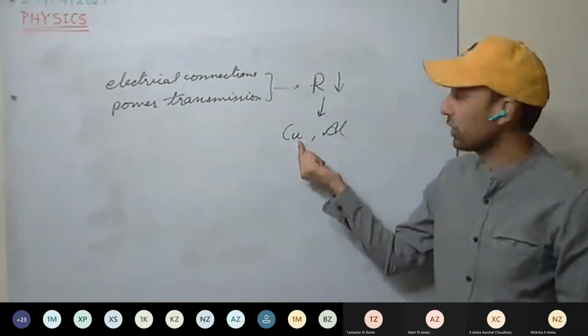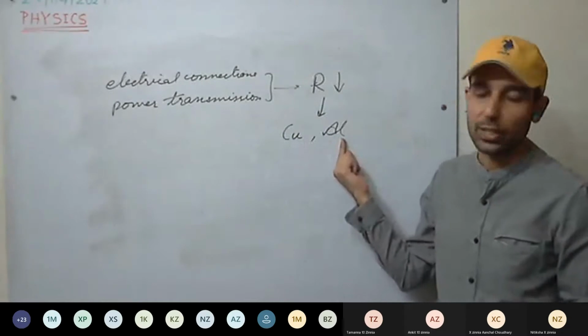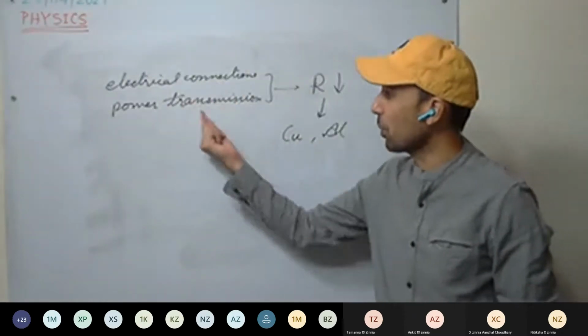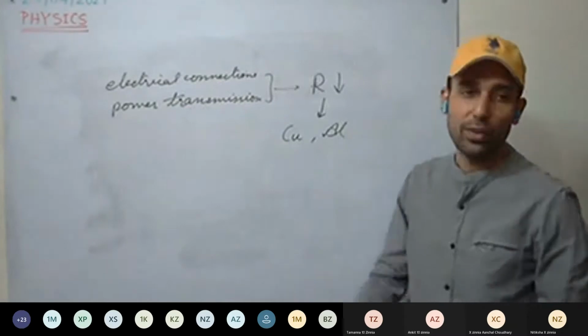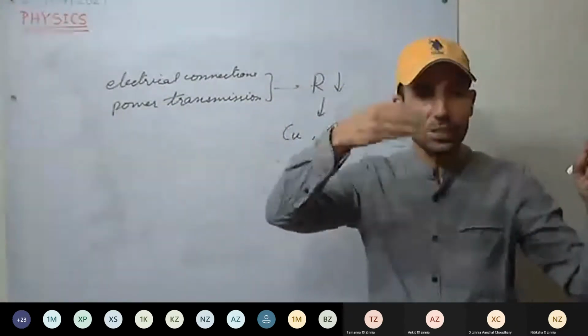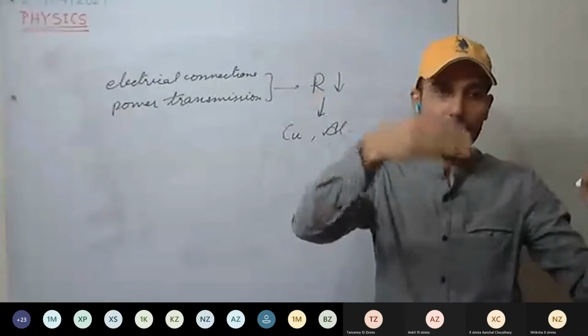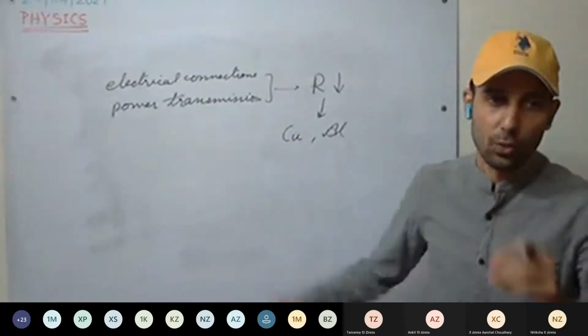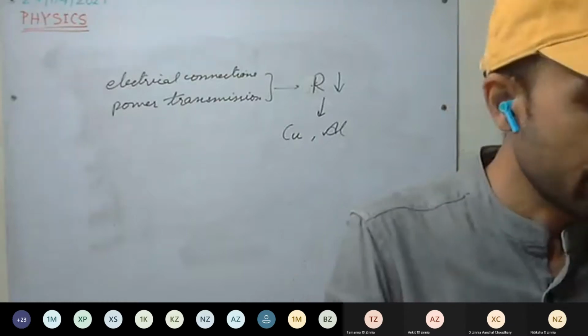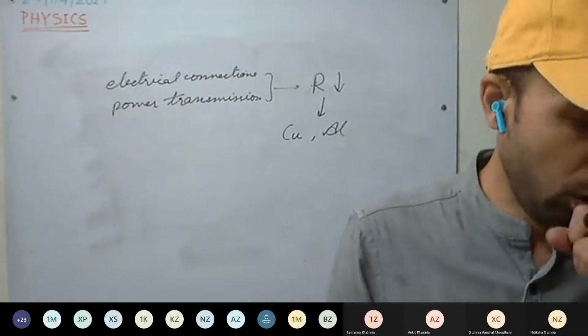If we do not have much money, we go for aluminum. These offer less resistance, therefore for electrical connections and power transmission we use copper or aluminum. If there is less resistance, less heat will be generated, fewer collisions, so good transmission will be there and current can pass easily. Okay, second one.